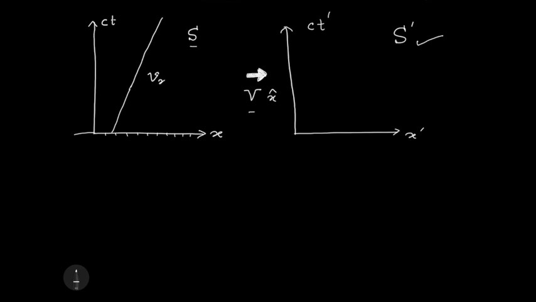So this is the trajectory or the world line of a person who is moving with a constant velocity vx along the x direction, and you know that this is by definition dx by dt.